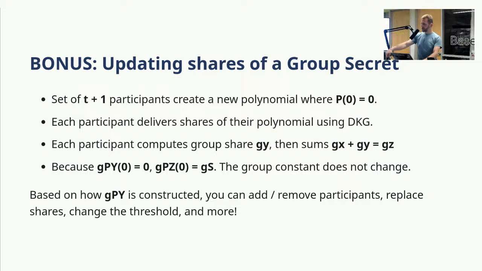So think of it this way. Let's say it's 11 of 15. So you need 11 people to come together to do anything. Now you want to kick one of those people out. For the sake of simplicity, you're replacing them with somebody else. So it's still an 11 of 15, but now it's new people.